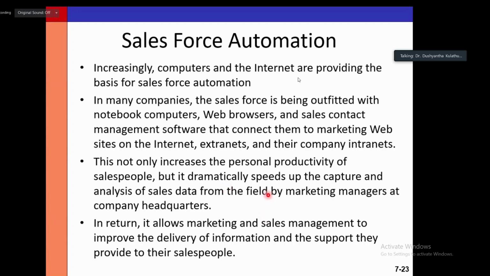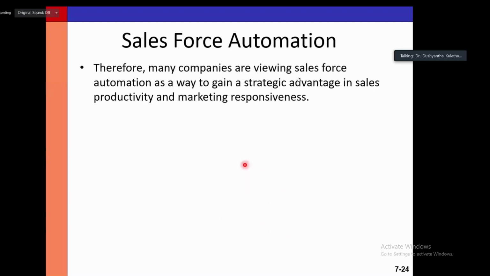Therefore, there will not be up-to-date data available within the organization, and that can affect the decision making of marketing managers especially. So this will help the organization in different aspects, in improving their processes and also their performance.